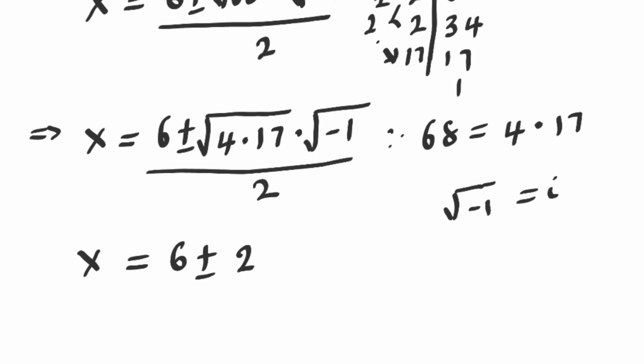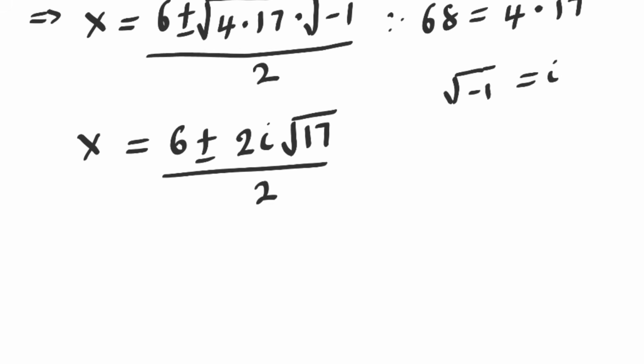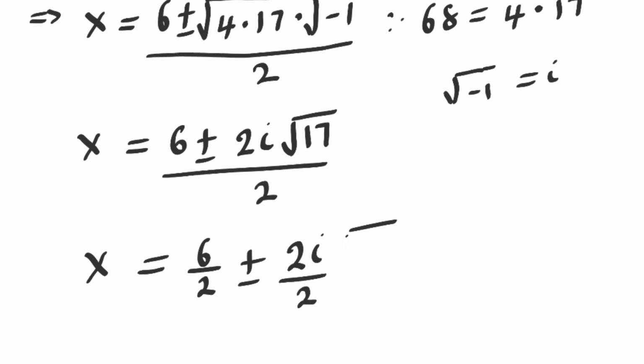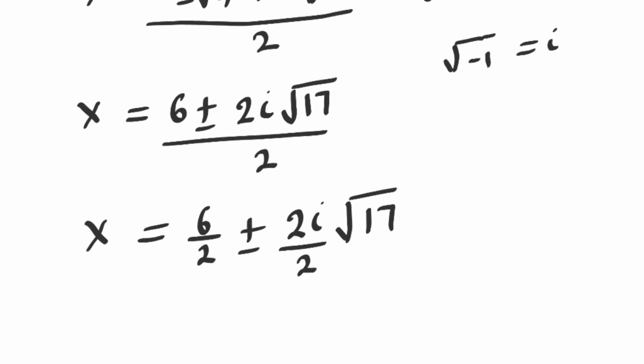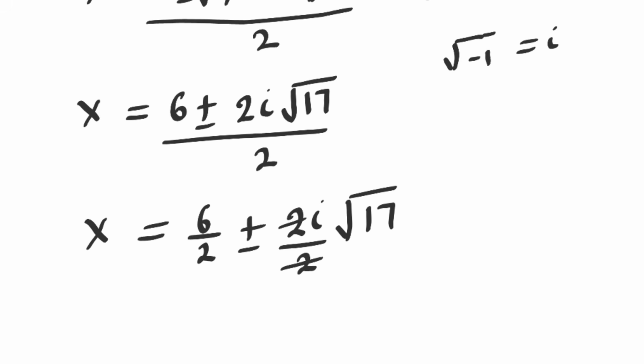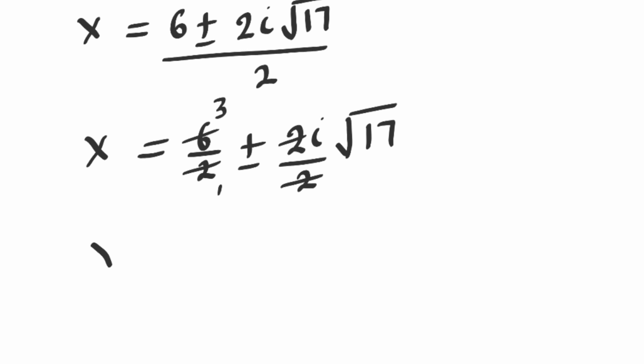Then square root of minus 1 is i, square root of 17 divided by 2. x is equal to 6 divided by 2 plus or minus 2i divided by 2 square root of 17. These two cancel these two. 2 here 1, 2 here 1. x is equal to 3 plus or minus i square root of 17.